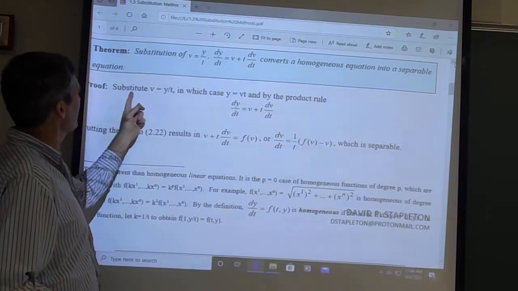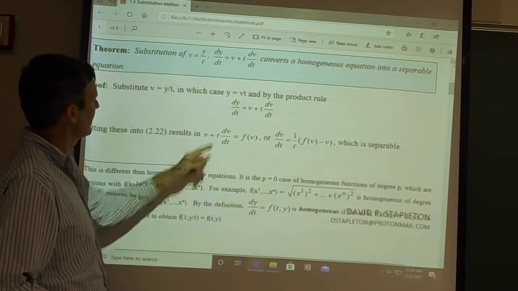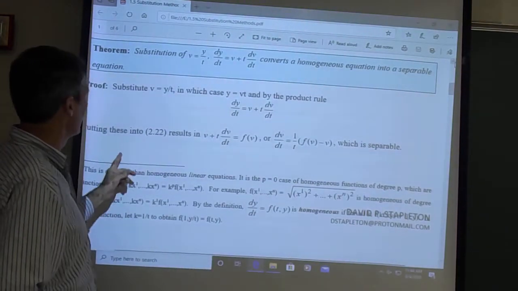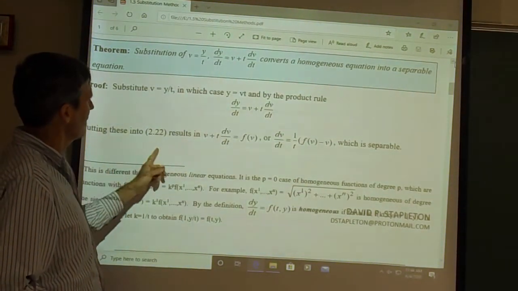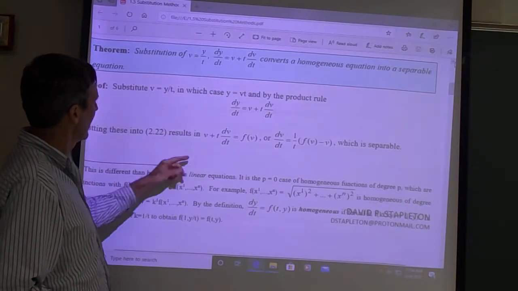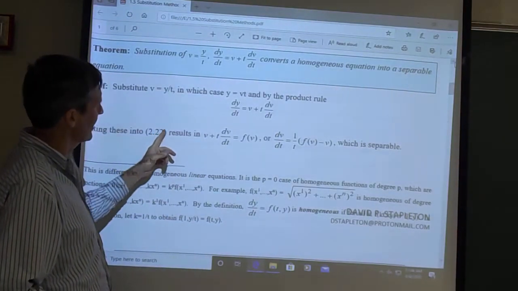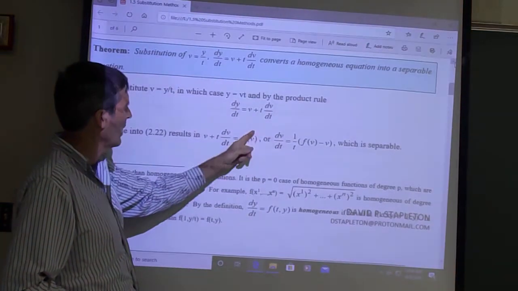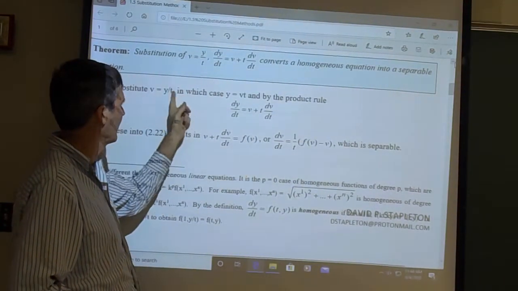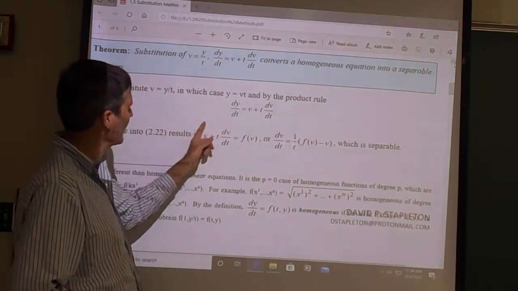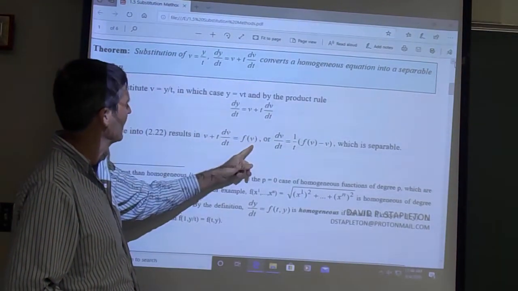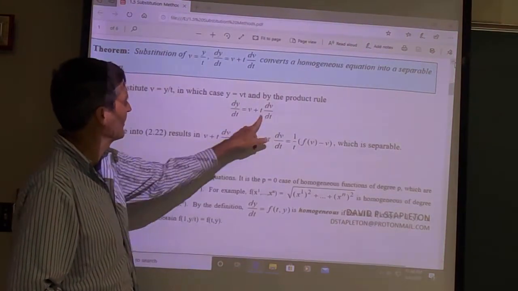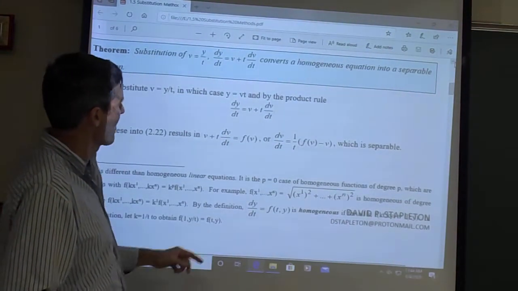Here's the proof. Substitute v equals y over t, in which case y equals vt, and you get this derivative that we derived. Putting these into the homogeneous equation, dy/dt equals f(y/t), dy/dt gets replaced with v plus t dv/dt, and y over t gets replaced with v.